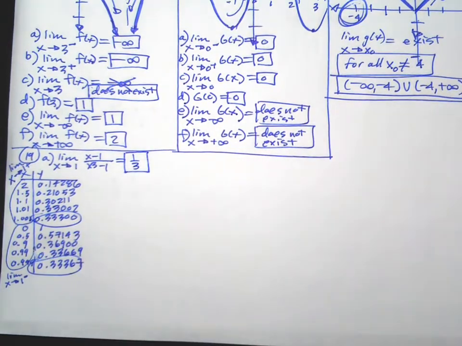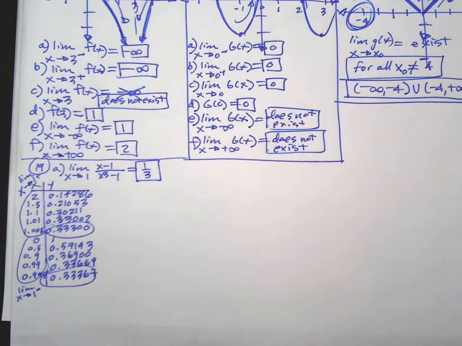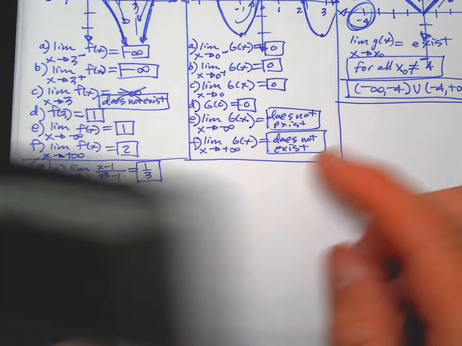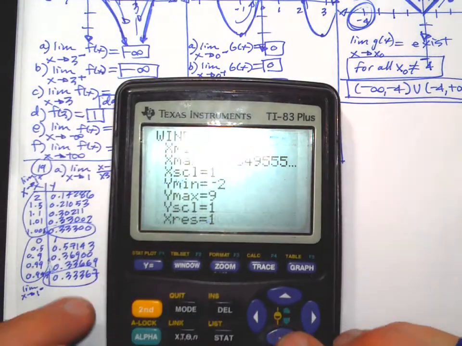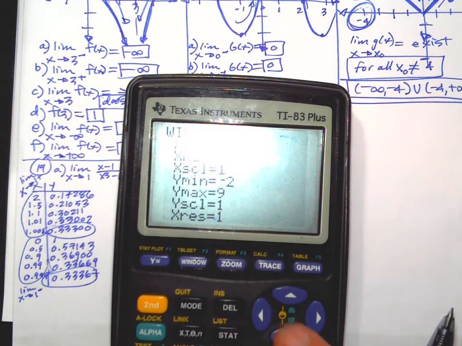Okay? So that's using a table to find a limit. Now it says, confirm your conclusions about the limit by graphing the function over an appropriate interval. Well, let's graph it. We already have it in there. So let's go to window. We're approaching 1 from both sides. So what we could do, we just try it. -5, 5.